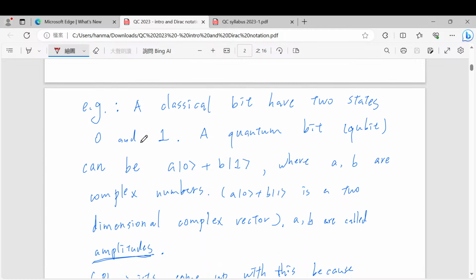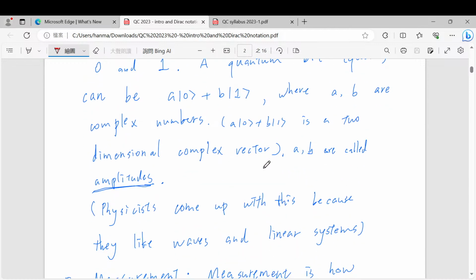What we mean by superposition is that it's a vector. We'll see this notation more, but we think of 0 as a basis vector and 1 as a basis vector, and your quantum state will be a linear combination of these bases. So it's a vector in a two-dimensional space with coefficients A and B. A and B are going to be complex numbers, and they are called amplitudes.